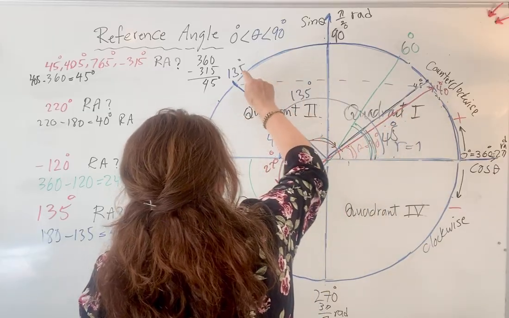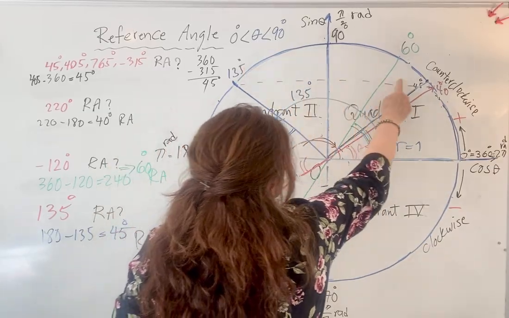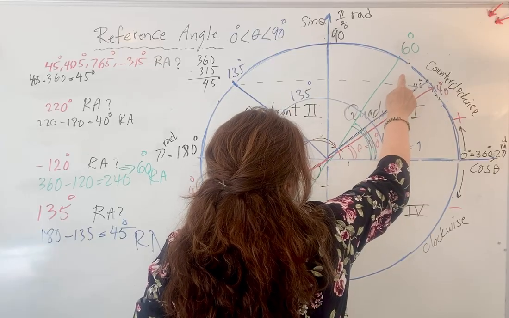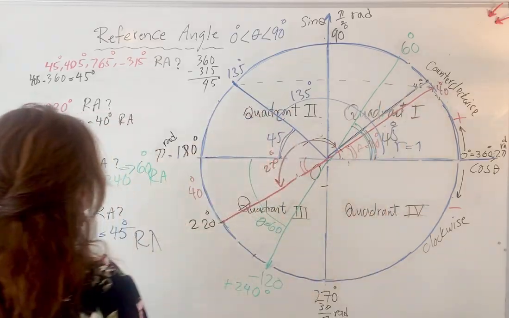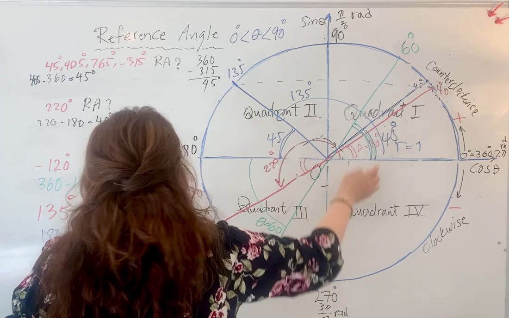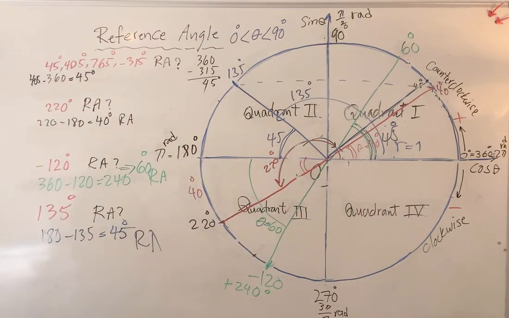If you end up here, you find something in quadrant 1. It's not so complicated, but if you have the unit circle, you can find everything. Okay, hope you like this kind of problem, and see you later. Bye.